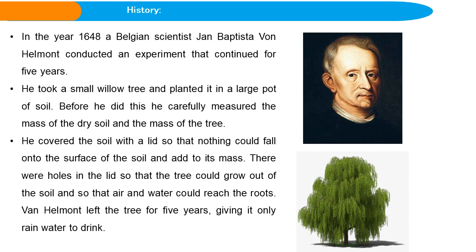So he covered the soil with a lid, but made some holes so that the tree could grow out of the soil and air and water could enter the soil freely. He supplied the plant with only rainwater for 5 years.